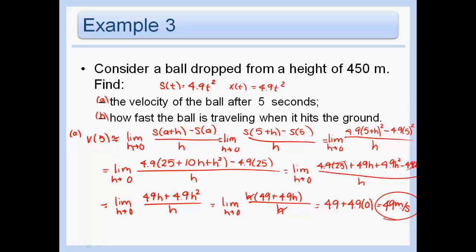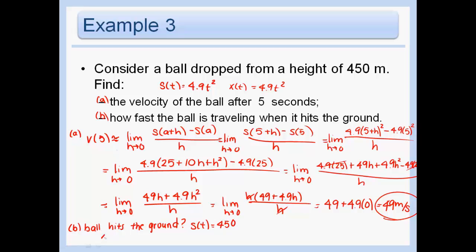Part B, how fast is the ball traveling when it hits the ground? Well, when does the ball hit the ground? The ball is going to hit the ground when it has traveled 450 meters, right? Because it's dropped from a height of 450 meters. So when S of t equals 450.